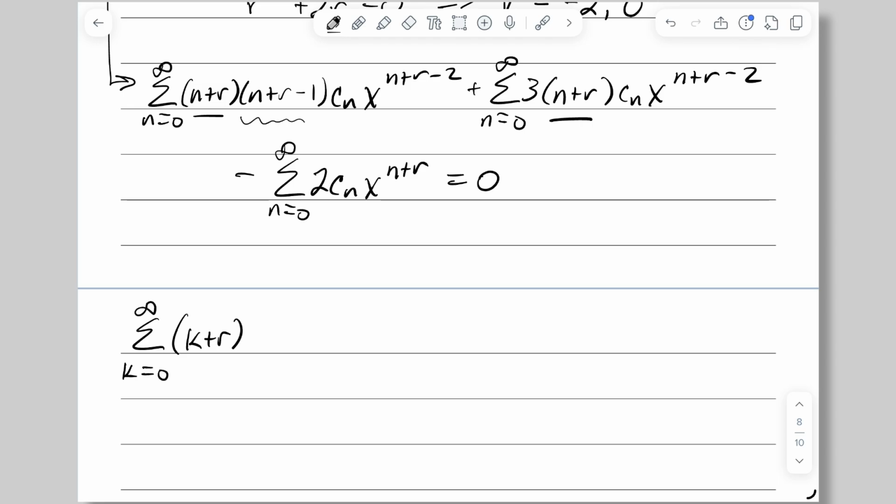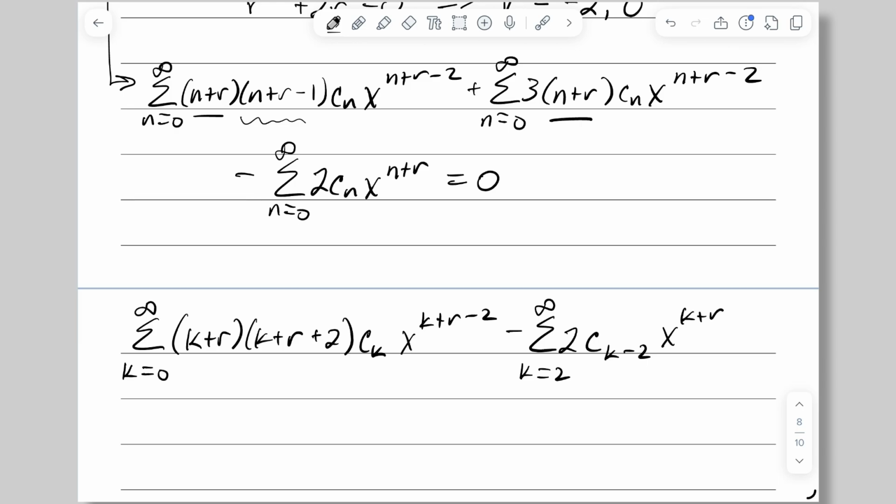From the first sigma, we have k plus r minus 1, but from the second sigma, we have plus 3 after we factor out n plus r. That's going to give us a factor of k plus r plus 2 times c sub k x to the k plus r minus 2, and move on. For the third sigma expression for y, we're going to start this at k equals 2. It goes to infinity, minus 2 c sub k minus 2 x to the k plus r minus 2.